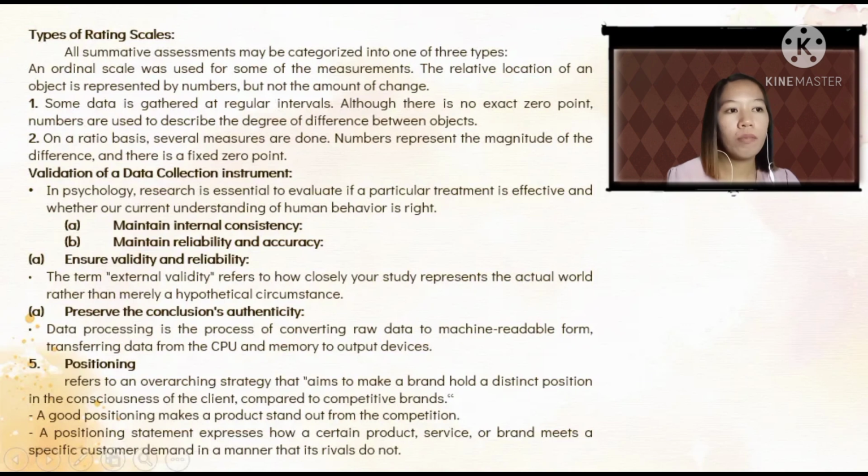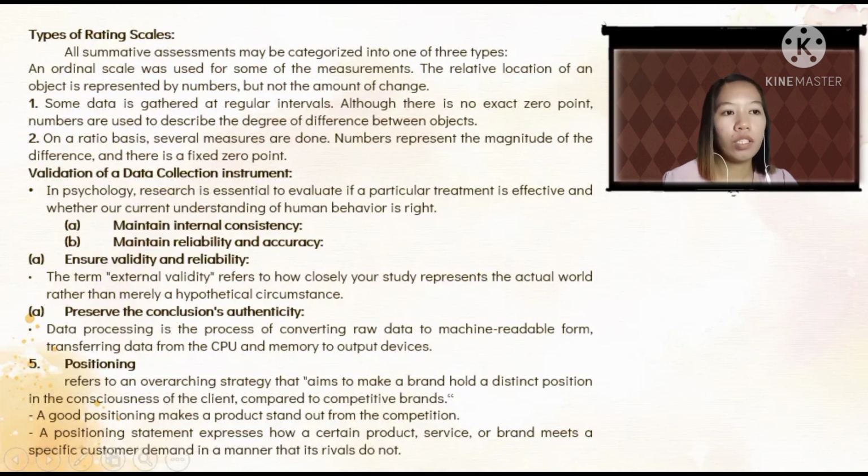Responses for customer service are really flexible and may be used to assess a wide range of emotions, including agreement, satisfaction, frequency, and desirability. Response options are like strongly disagree, disagree, agree, and strongly agree.